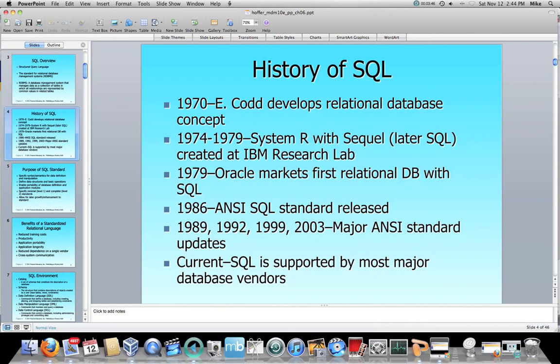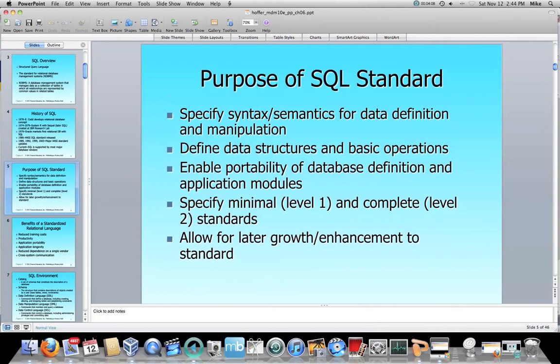Then in 1989, 1992, 1999, and 2003, there were major American National Standards Institute standard updates to SQL. Currently, SQL is supported by most of the major database vendors that are out there. As a matter of fact, I don't think there are any that don't support SQL in some way, shape, or form.